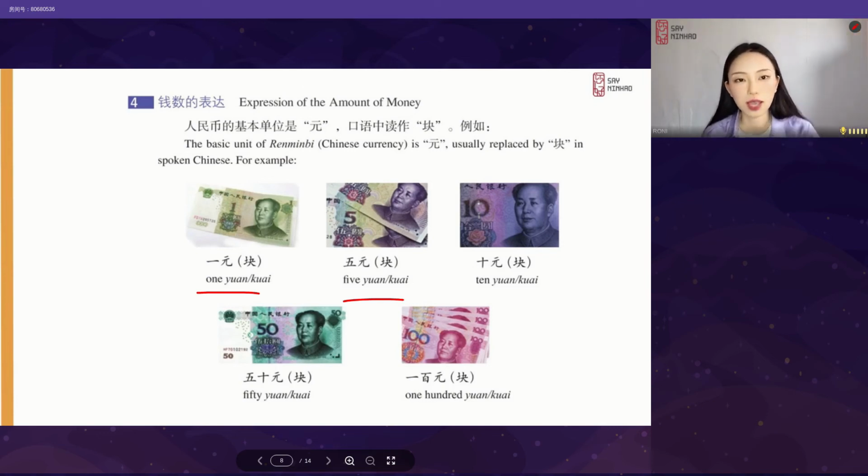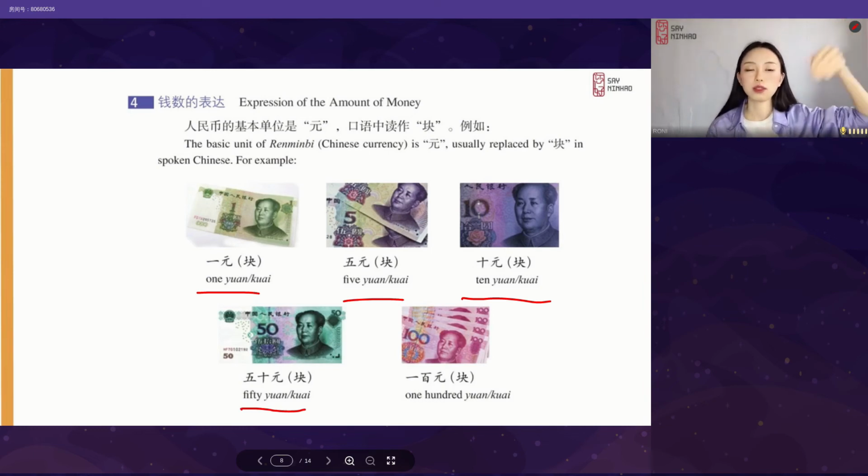Next one, read after me, 5元, and 5块. Next one, 10元, and 10块. Next one is 50 yuan, 50元, and 50块 is the same meaning.